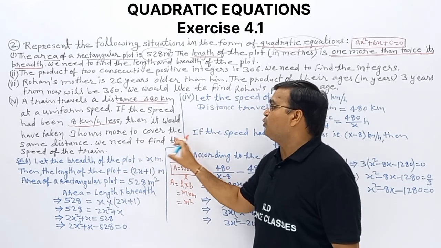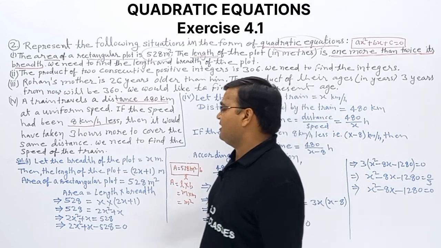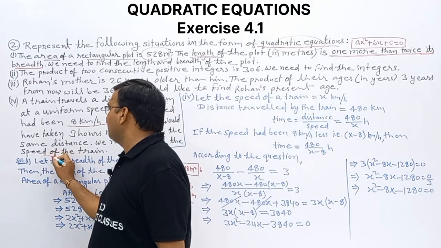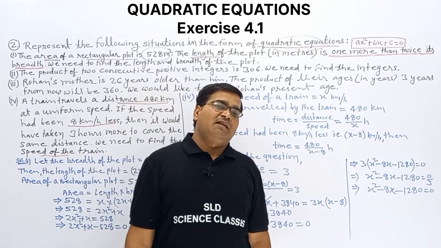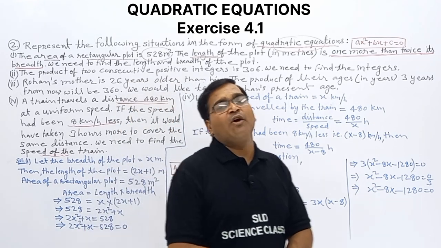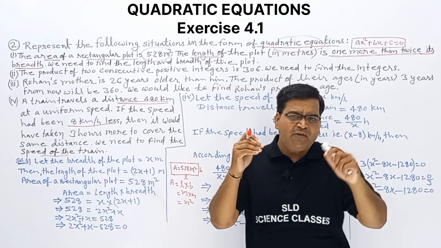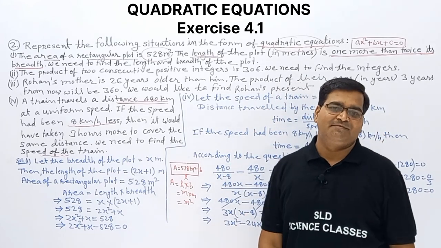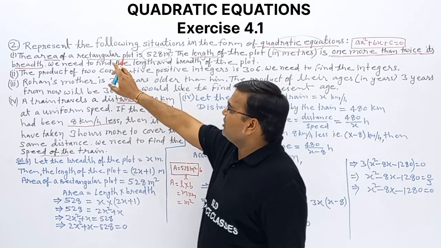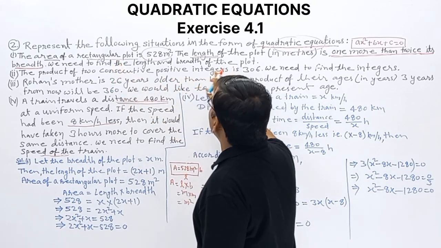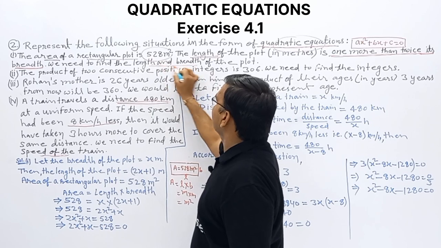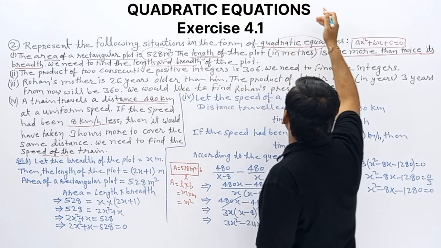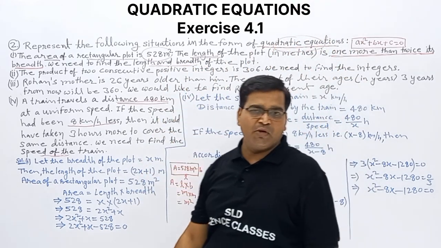Clear? We need to find the speed of the train. So whatever we want, we assume that. In question number 1, what did we want? Length and breadth. So we assumed those and then developed a quadratic polynomial.